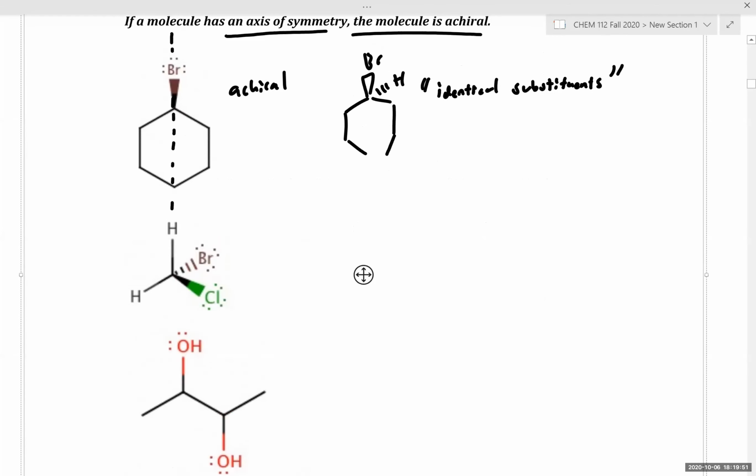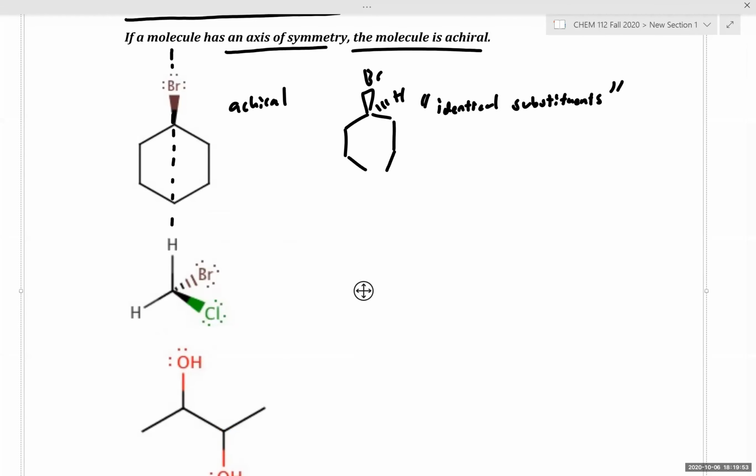Let's look at another example. In this case, we have a carbon with 2 hydrogen substituents. Now, if we draw out and look at a model for this structure, we can immediately notice a plane of symmetry in this molecule.